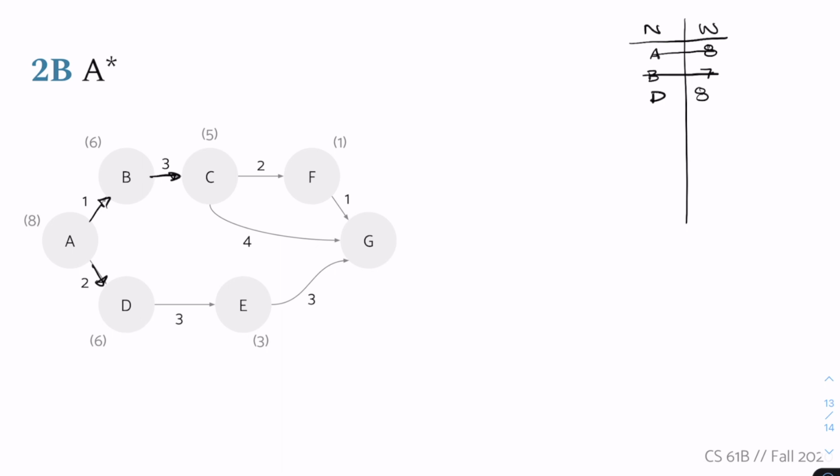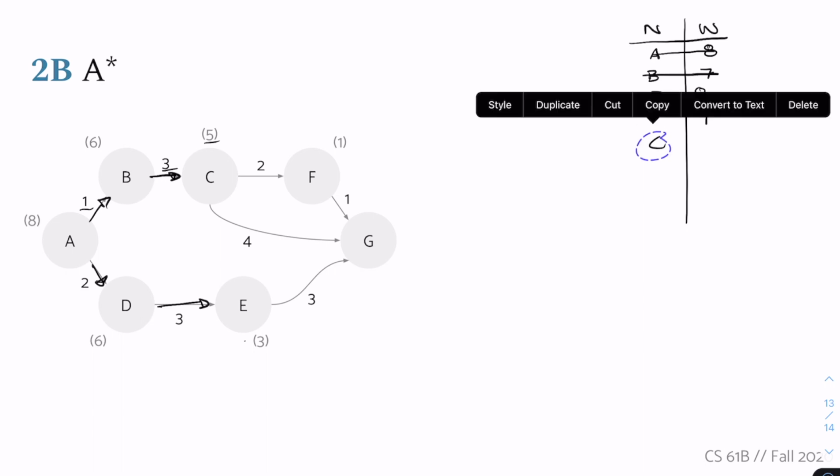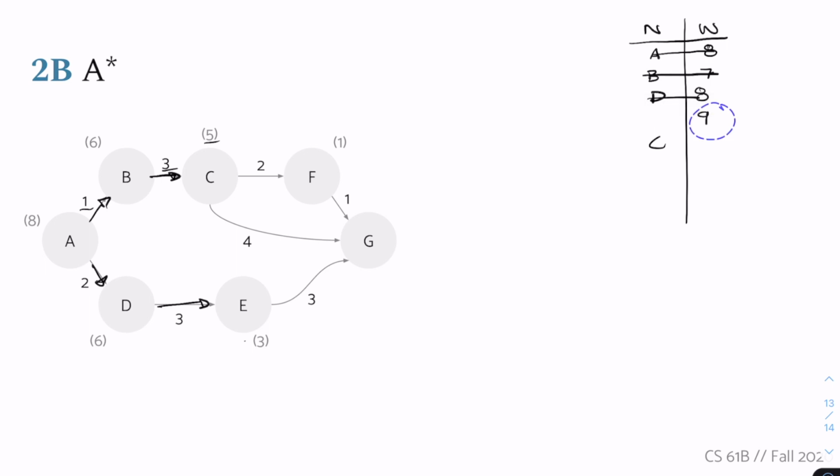And now we're going to go to C and add C, which is 1 plus 3 plus 5, which is 9, which is going to go underneath D8. So we're going to pop D8, and we're going to add its child, which is 2 plus 3 plus 3, which is 8. So we're going to move the C down and replace that position with E8.